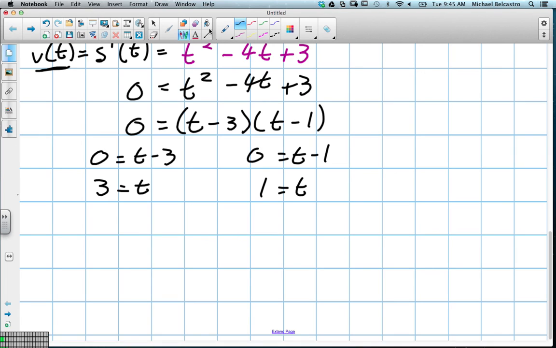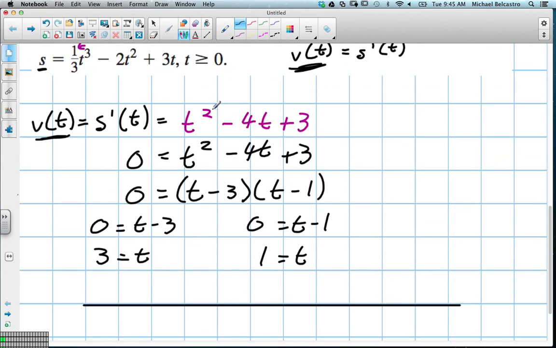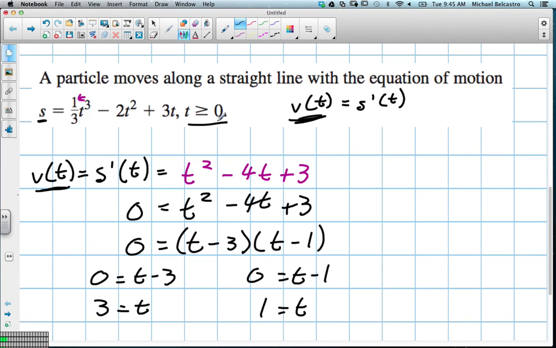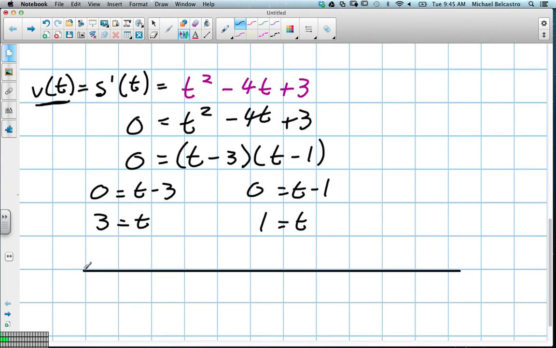So if we were to do this on a timeline, okay, and if you guys recall from the very beginning, our time was equal to and greater than 0, so our lowest time was the value of 0. At 1 second, this object has come to rest, and at 3 seconds, it has come to rest. So what we really want to find out is the directions it's going.